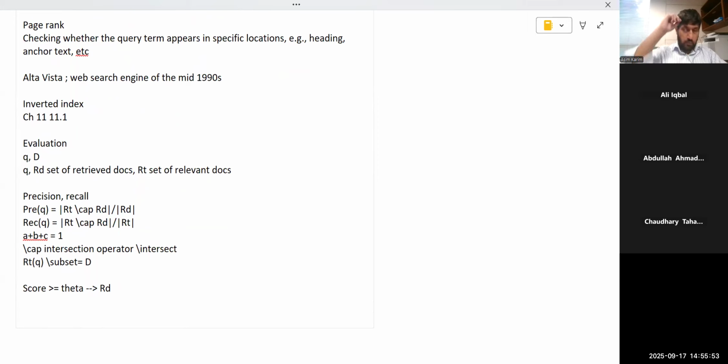Okay, so we have talked about precision and recall for a particular query, one query. So usually there is a trend.